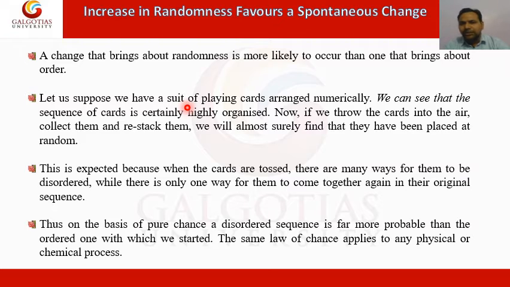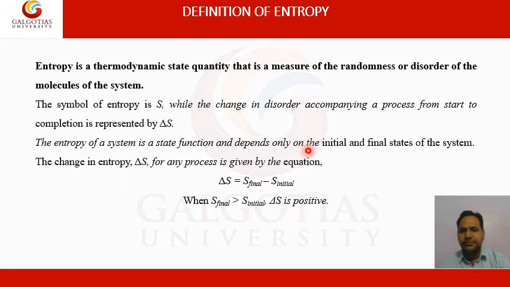The randomness of the 75-degree glass is higher than that of the 25-degree glass. So an increase in randomness favors a spontaneous change. Now move to the next slide.